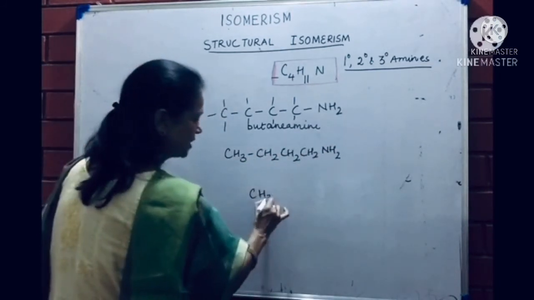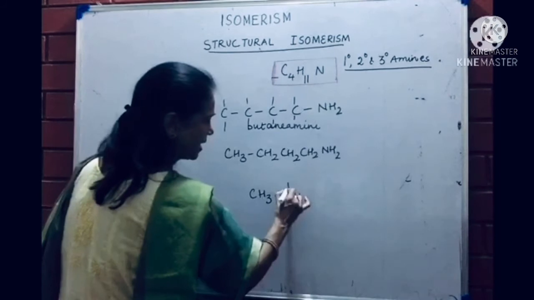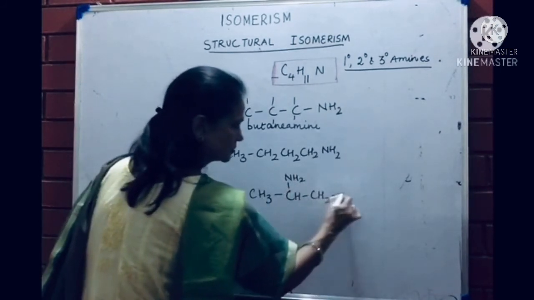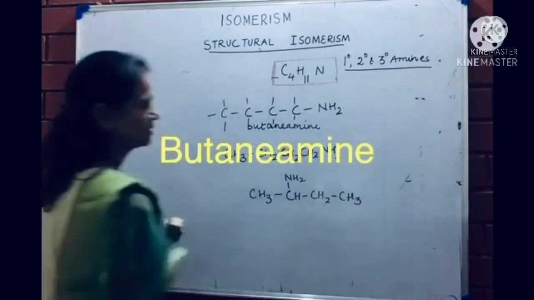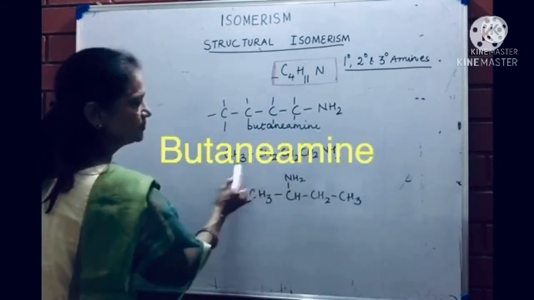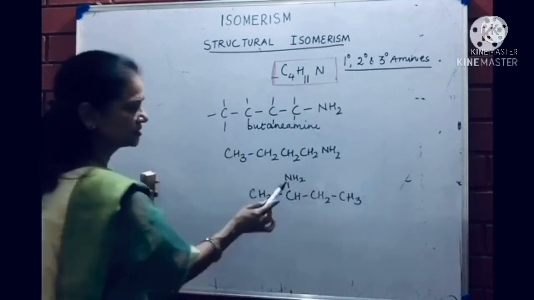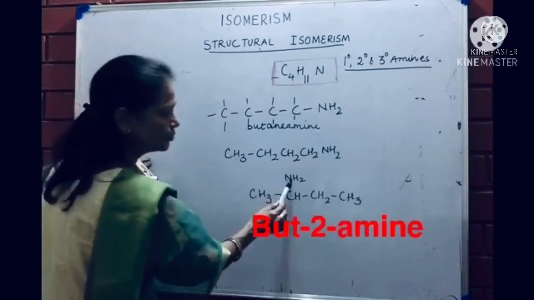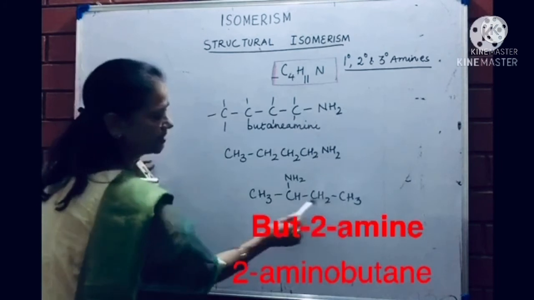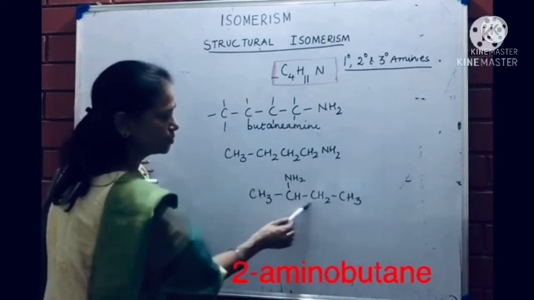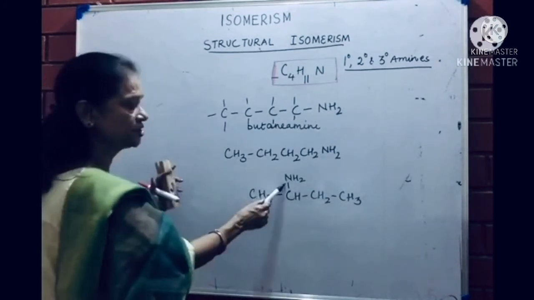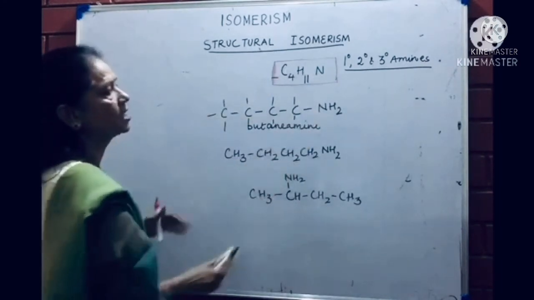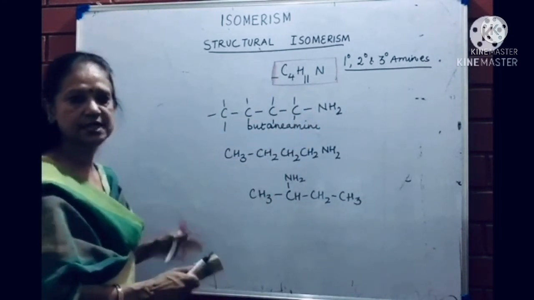Now I'm putting NH2 at place 2. So this becomes butanamine, where at place 2 is the amino group. So 2-aminobutane. So I've changed the position of the amino group. So from the same formula, different types of isomers can be asked.